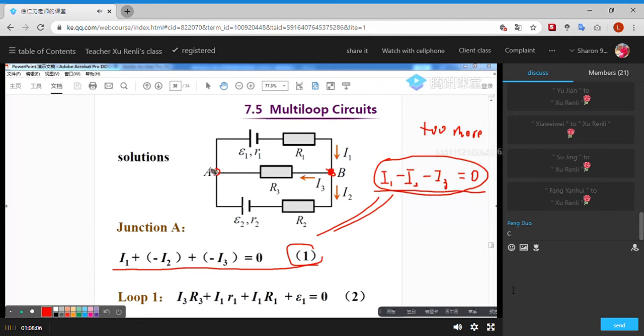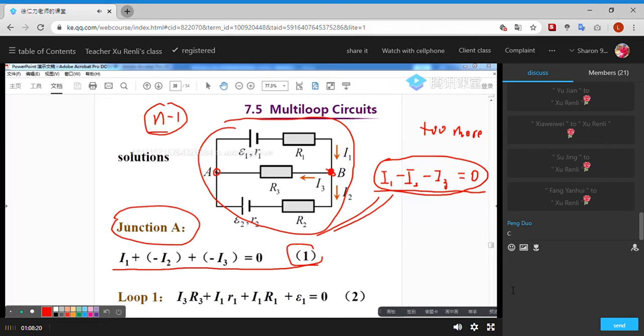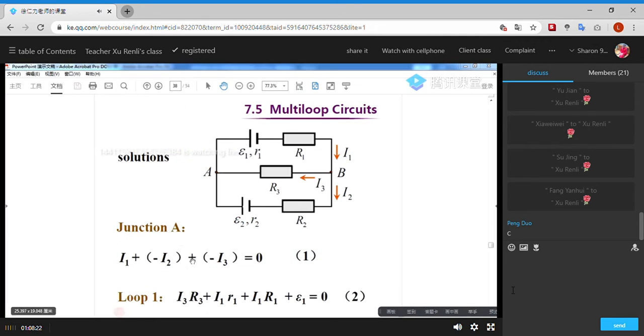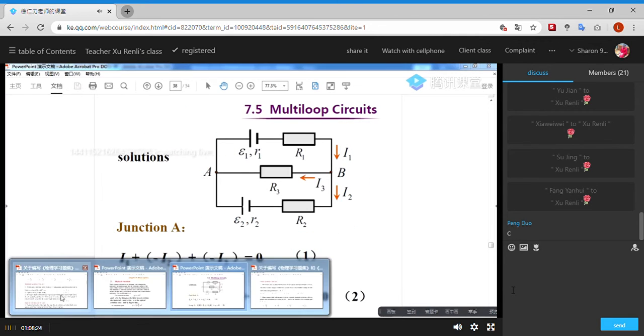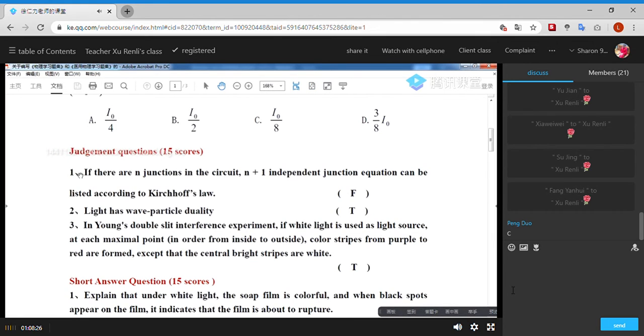So if we have n junctions in a circuit, then we only have n minus 1 equations for Kirchhoff's first law. So for this question, the correct answer is n minus 1.